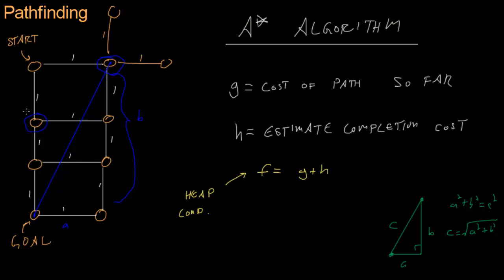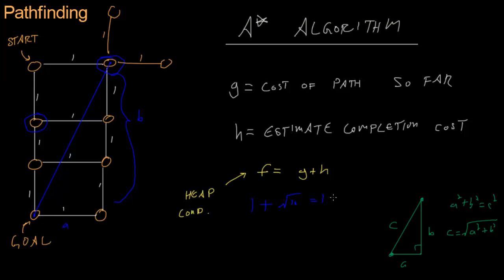It will say, let's start with this guy. It will say g, the path to get to this node, is going to be 1, and then we'll add to it the estimated completion cost. So let's see, we had 1 plus what we just calculated using our Pythagorean theorem, which was square root of 10. So 1 plus square root of 10.